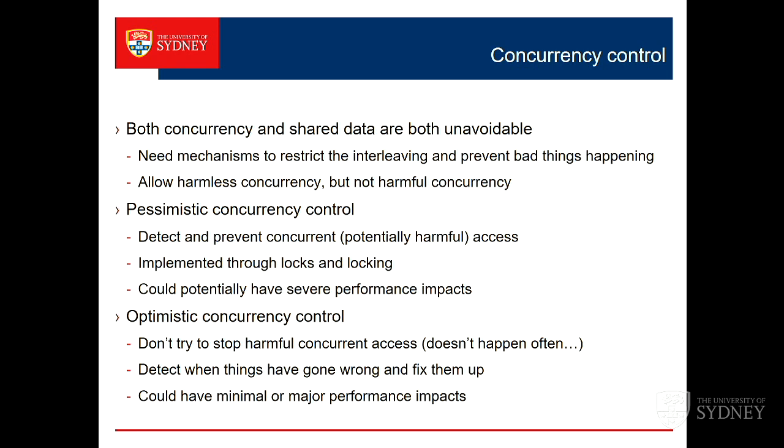We're going to detect when bad things might be happening, or we're going to put in other mechanisms saying, you're not allowed to do bad things. Here's a protocol you must follow, and if you follow that protocol, bad things will not happen, we guarantee it. So, pessimistic concurrency control. It's called pessimistic because we assume bad things are going to happen, and we prevent them. We're pessimistic about the bad stuff happening.